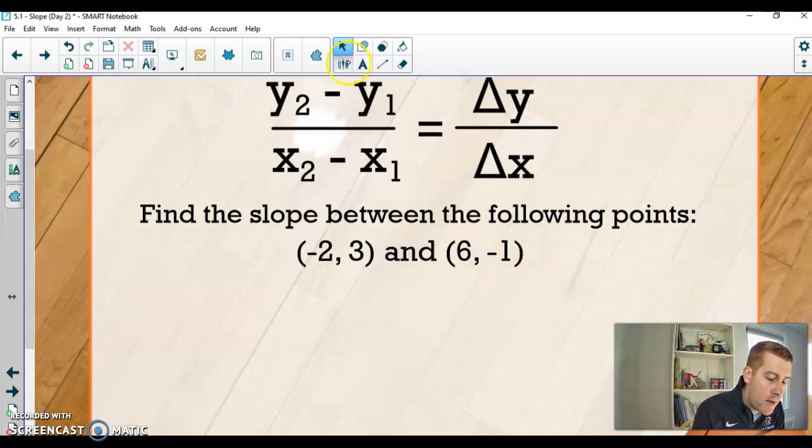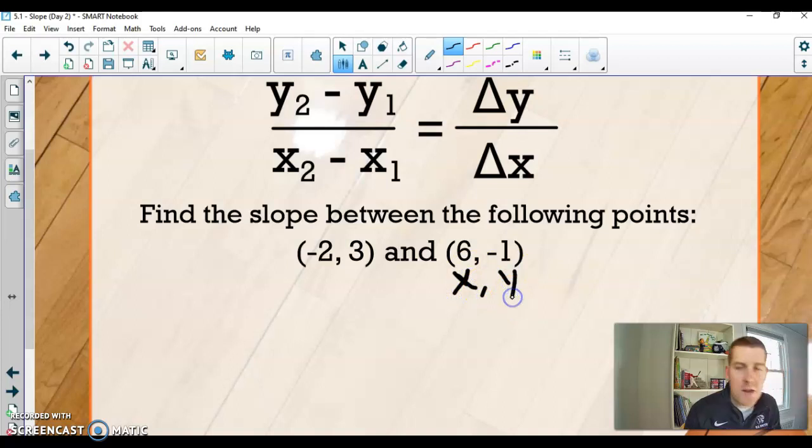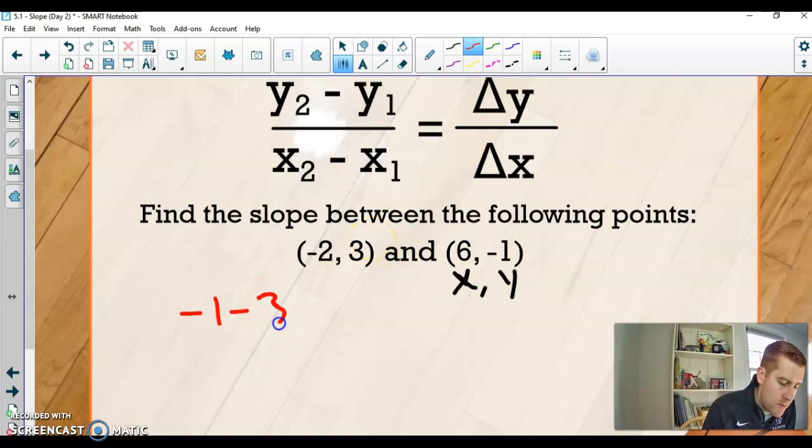Remember, every ordered pair is in the format of x comma y. They go alphabetically. So to calculate slope here, I would take -1, and from that, I would subtract the y value of our first point, which is 3.